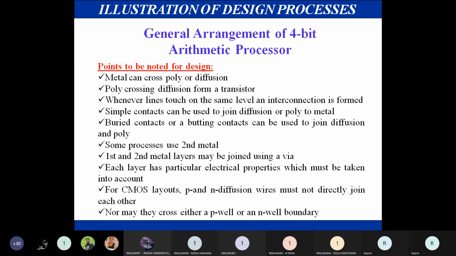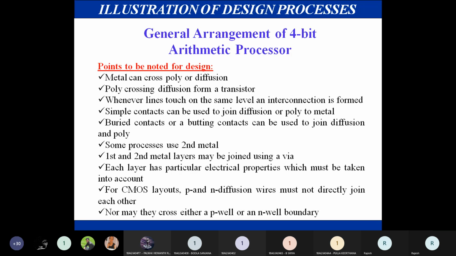Poly is red color, diffusion is green or yellow color, depending upon the stick diagrams. For stick diagrams, poly crossing the diffusion means it is a transistor. A red color crossing a green color represents an NMOS transistor. A blue metal can cross the red poly, or a metal can cross a diffusion.